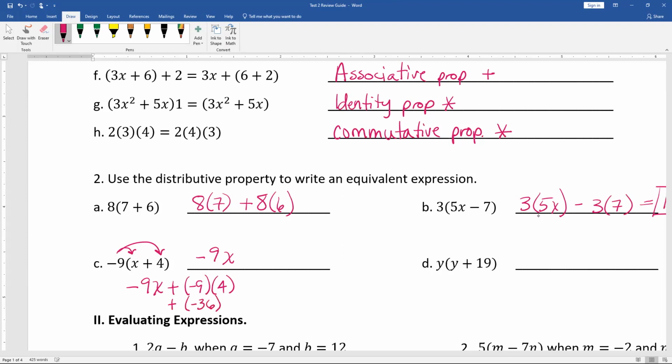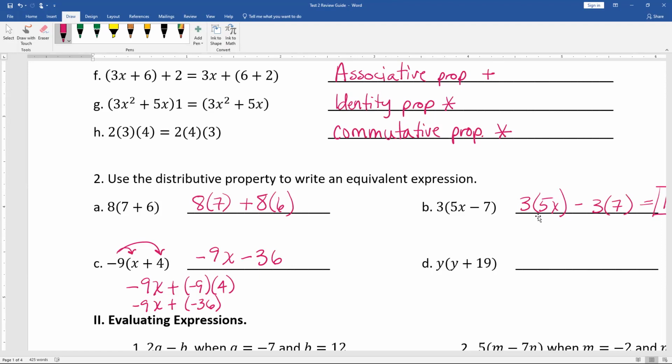Negative 36. And what do we call it when we add a negative number? Well, we're adding a negative though. This is just negative 9x plus a negative 36. So you can just write that as negative 9x minus 36. Remember, if subtraction is the addition of the opposite, then you change the addition to subtraction and you change the negative 36 to a positive 36. And that shows that it's just subtraction.